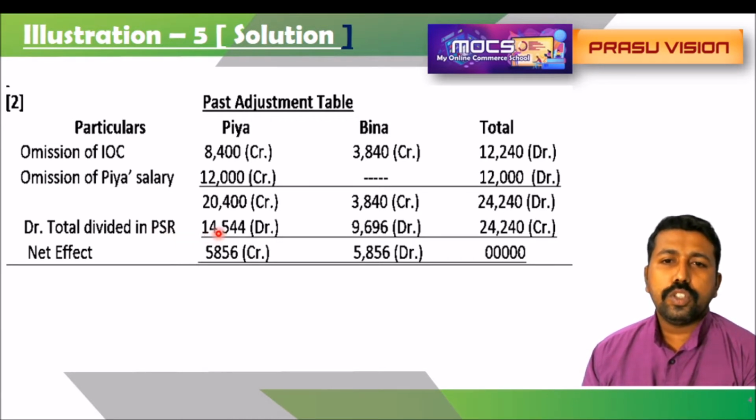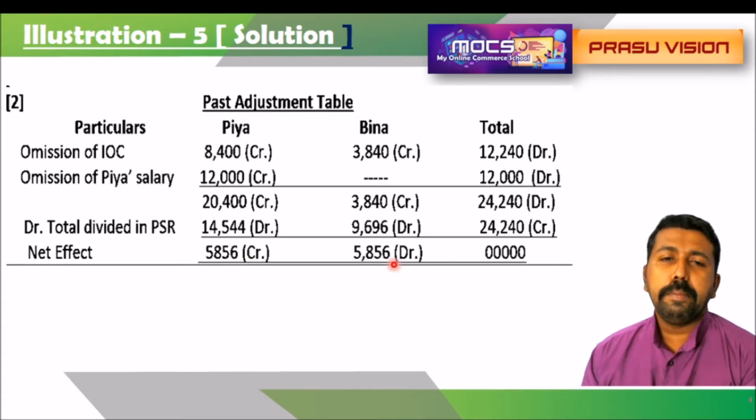As per the ratio, Priya will get 14,544 and Beena 9,696. We find the difference between these two amounts. Then we get 5,856 credit balance for Priya, and for Beena 5,856 debit balance.